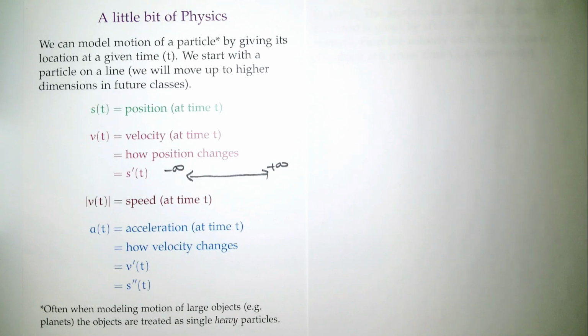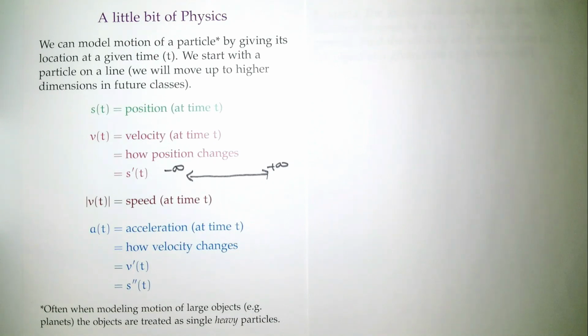And we call this acceleration. So acceleration says, how is your velocity changing? So you can have positive velocity and negative acceleration, which is to say that I'm moving forward, but I'm starting to slow down as I move forward, as an example.